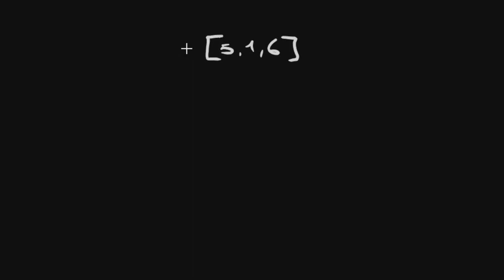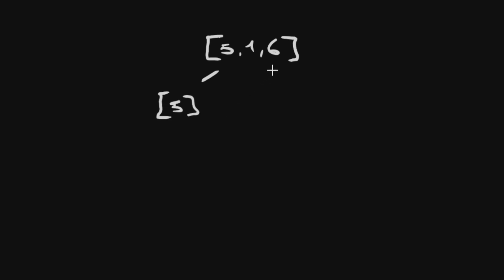Let's say we have this array nums: 5, 1 and 6, and we want to iterate over every index. Let's start with 5, and each time we will either take the value or not take the value. So there's a world in which we take this 5 and we get an array with 5.